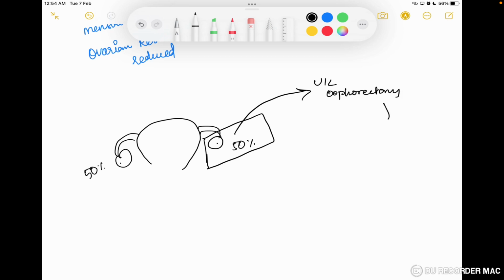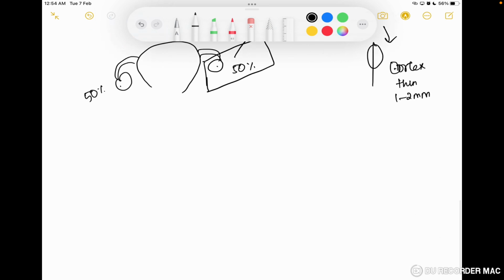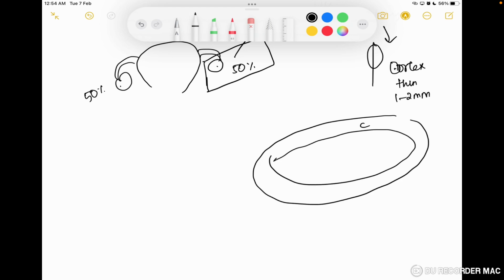We take the ovary, cut it open, and we take the cortex. The cortex is thinned to 1 to 2 mm. The concept is, when you look at the histology of the ovary, we have cortex and we have medulla.